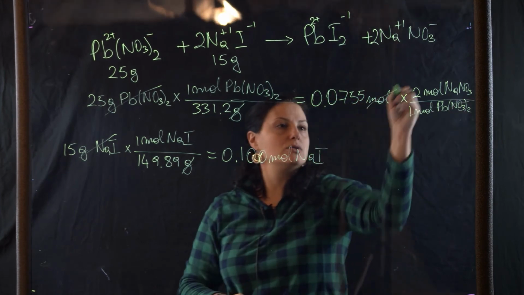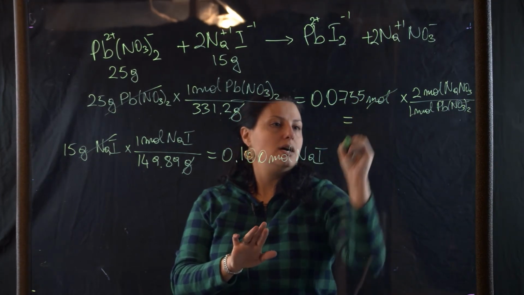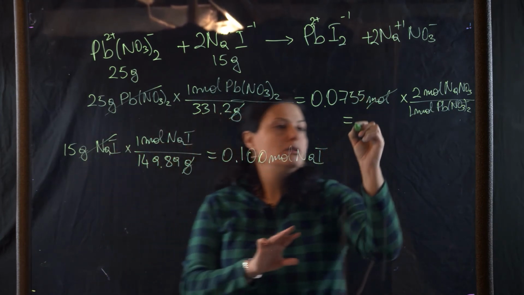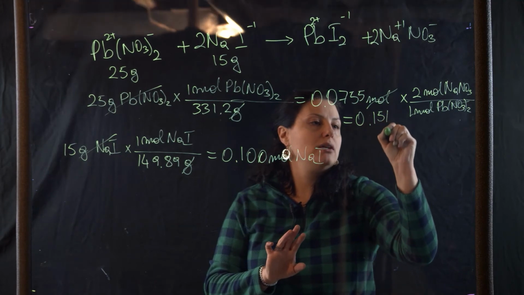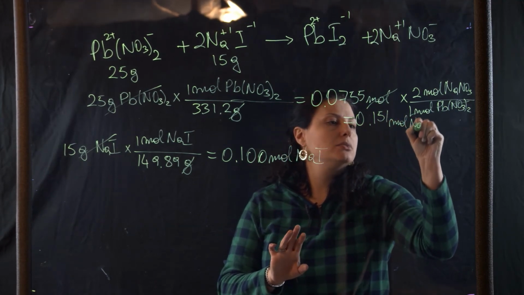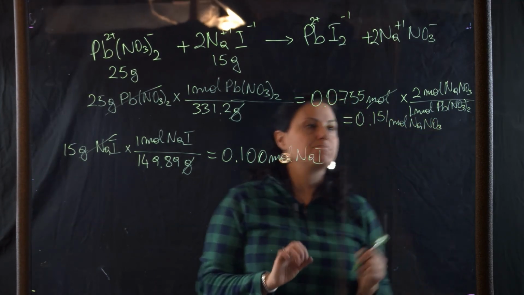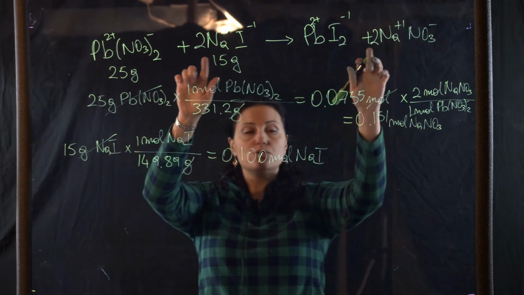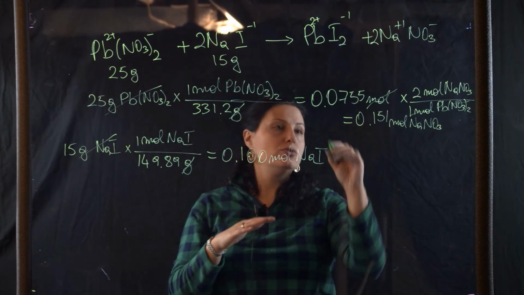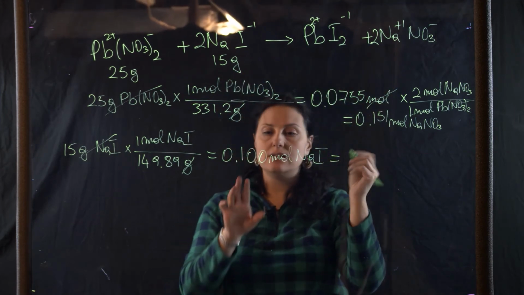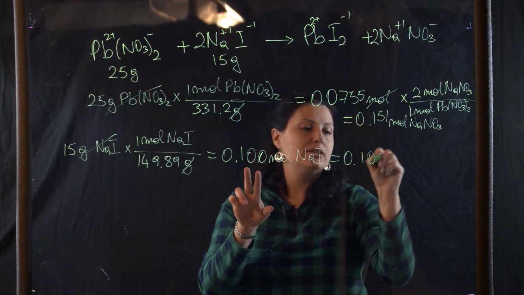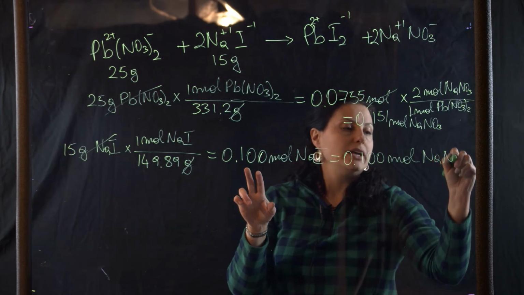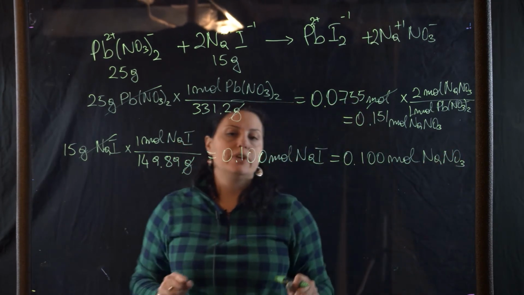This will cancel out, and I'm running out of space here, but it will give me 0.151 mole of sodium nitrate. How about the sodium iodide? It's a 2:2 or 1:1 ratio. You can do that 2 divided by 2, but this is the same. It will give me 0.100 moles of sodium nitrate as well, because it's a 1:1 ratio.